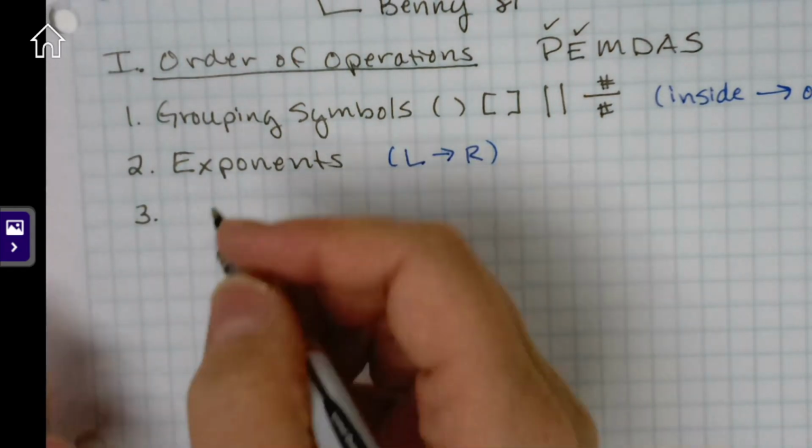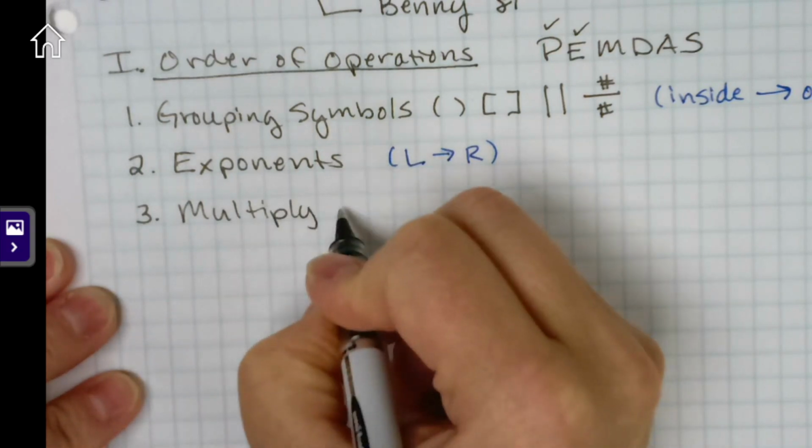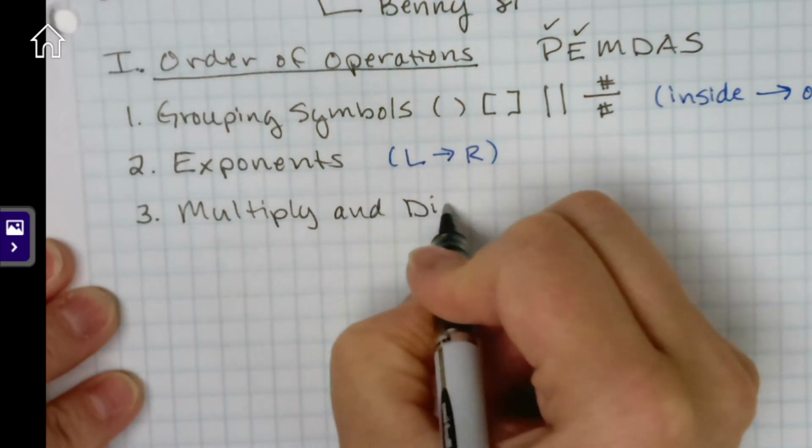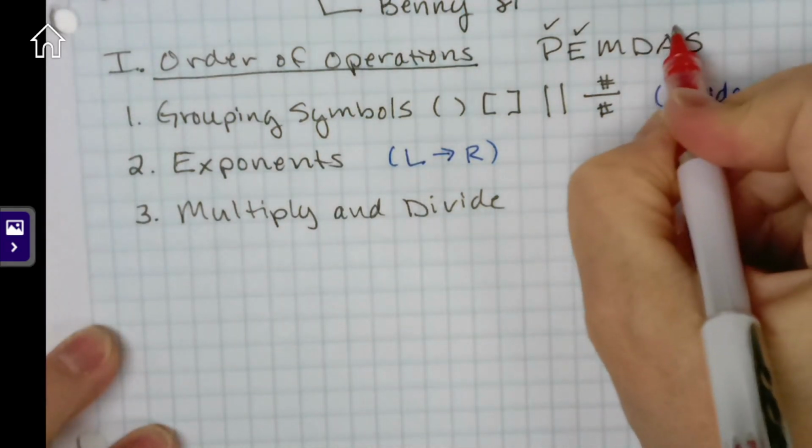The third step in order of operations is multiply and divide. Now in PEMDAS, it makes it look like you multiply everything first, start over, and then you divide everything second, and that is not true. Not at all.